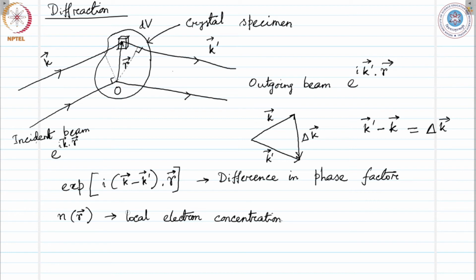The total amplitude of the scattered wave in the direction of k prime is proportional to the integral of n(r), that is the local electron concentration, times this phase factor that we have considered. So the amplitude of the electric or magnetic field wave vector in the scattered electromagnetic wave is proportional to the integral of n(r) times the phase factor. So that thing we can call scattering amplitude.